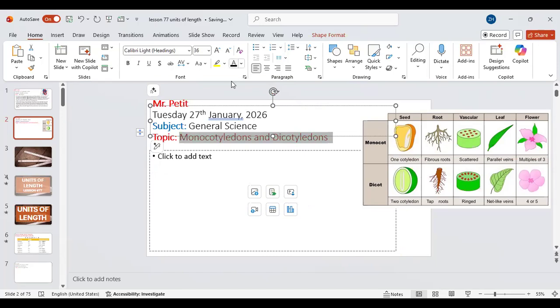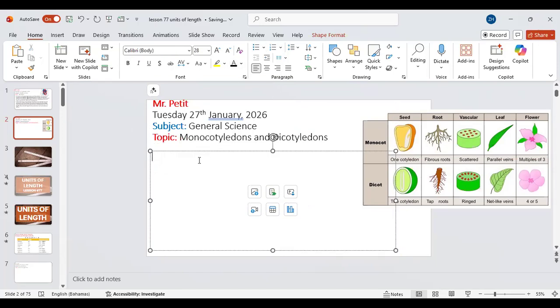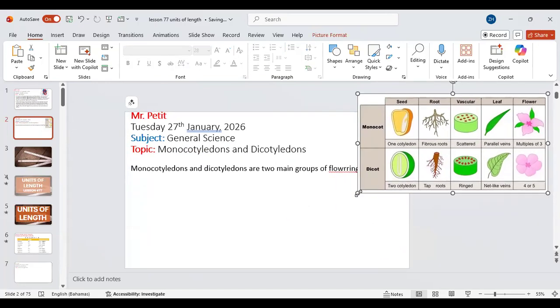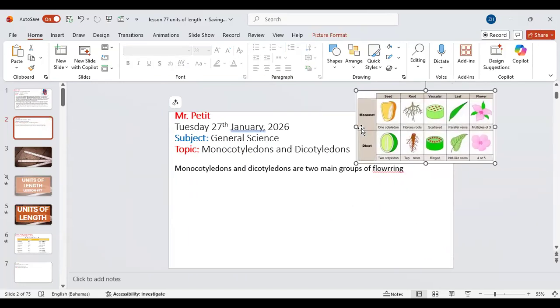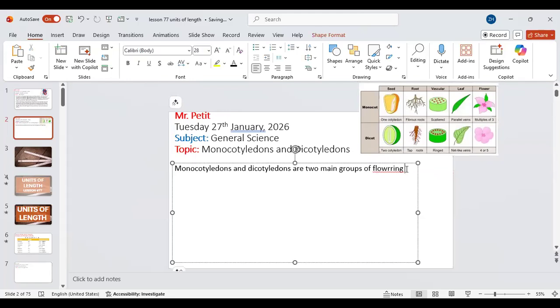So, let's see what we could do. Let's talk about the monocots. Monocotyledons and dicotyledons are two main groups of flowering plants. Both of these are flowering plants, which means they're going to have flowers.